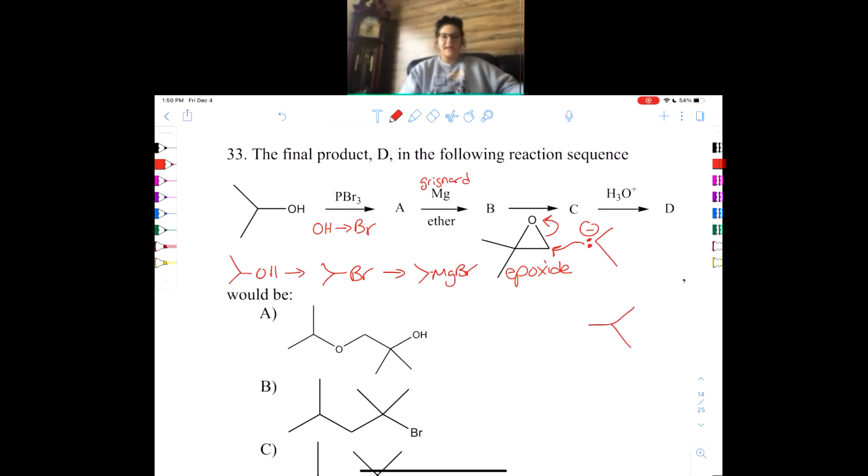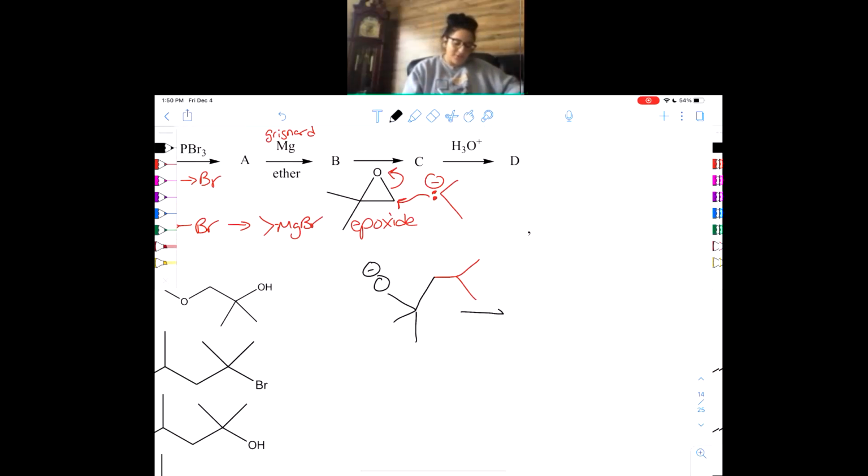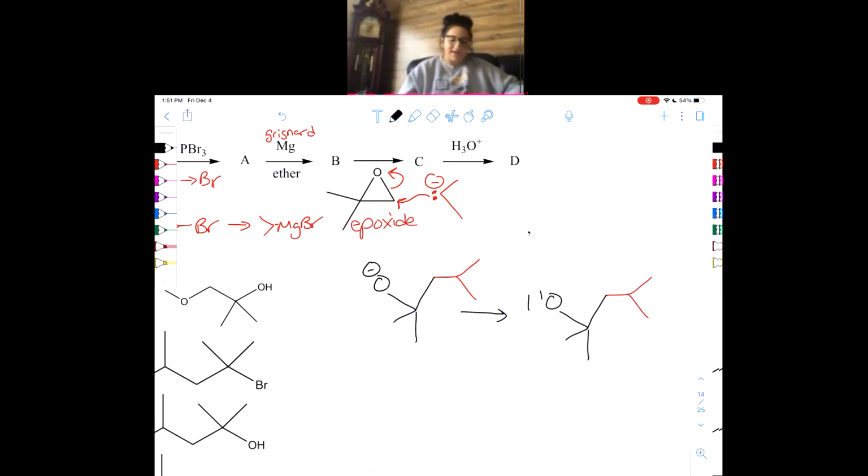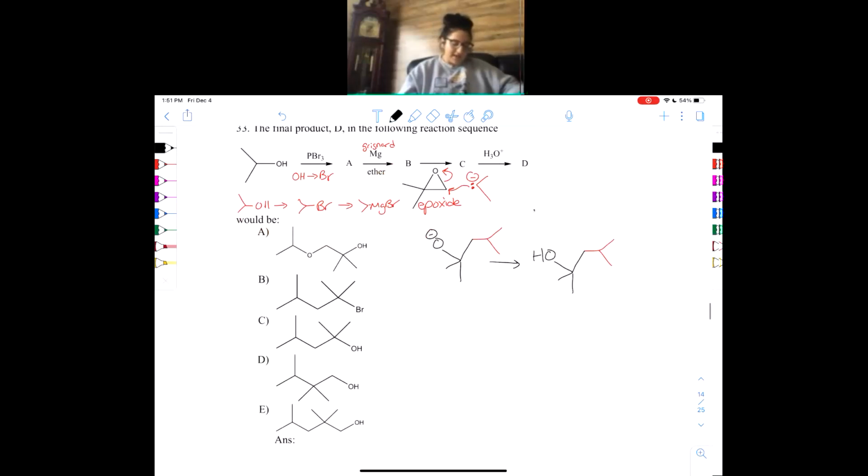Here we have attached to one carbon. This carbon is bam, bam, bam. And right here we have attached an O minus. And the acid is going to be used to protonate that. And I'm not redrawing it again, so duplicate. And we add a hydrogen. So which one of these bad boys looks like our answer? If it was drawn slightly prettier.